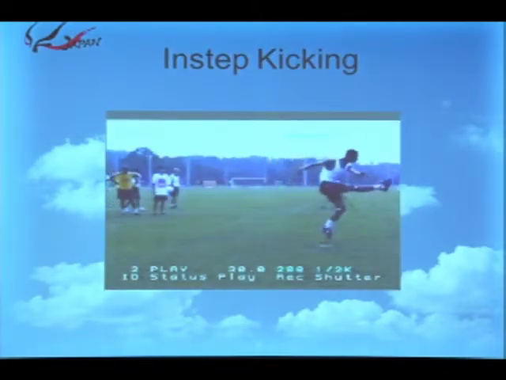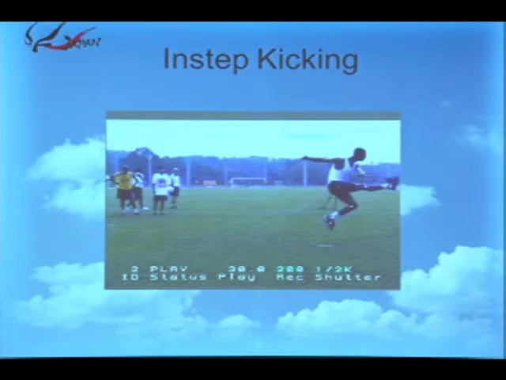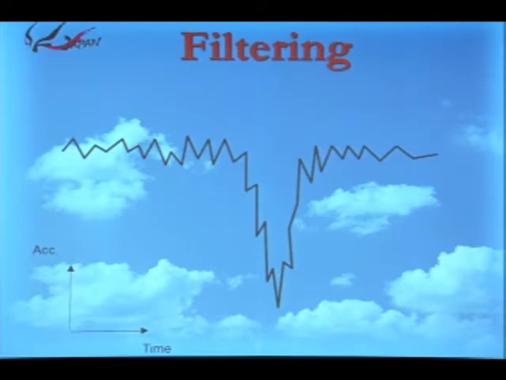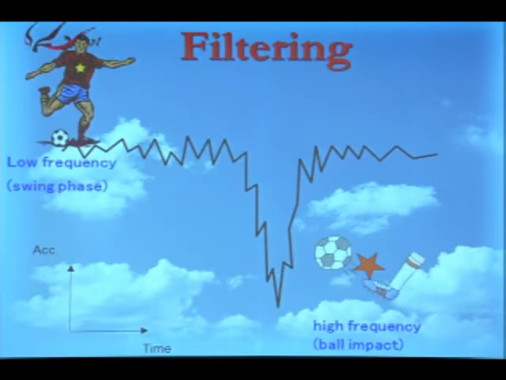So, okay, let's move on to another topic, instep kicking. As you know, instep kicking is the most widely studied skill, but a little bit difficult for data treatment, because the instep kick includes a ball impact phase.